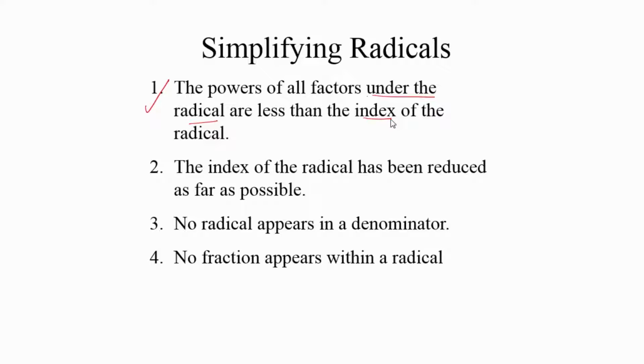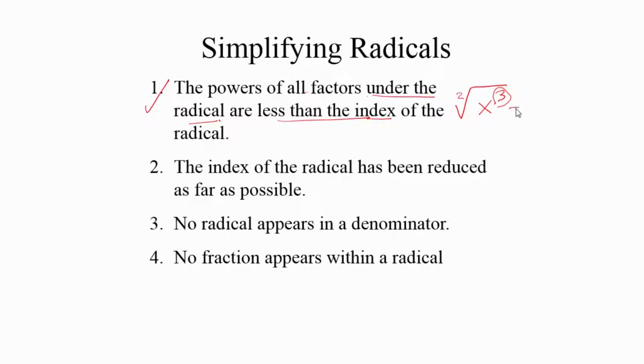So in other words, if you get to the point and you have simplified to this, square root of h to the third, this is not simplified enough because it says the power of all factors under the radical should be less than the index. Well, the power is 3 here. The index is 2. So it's not less. So we are not done yet.